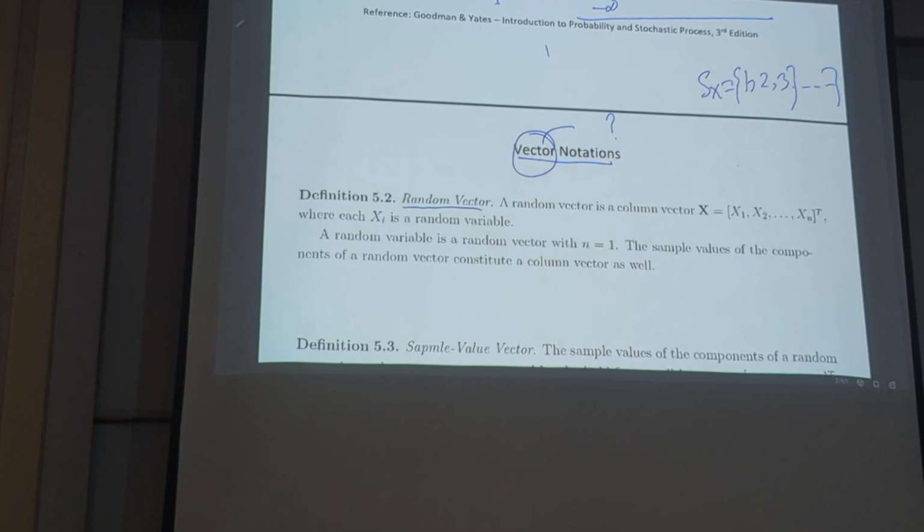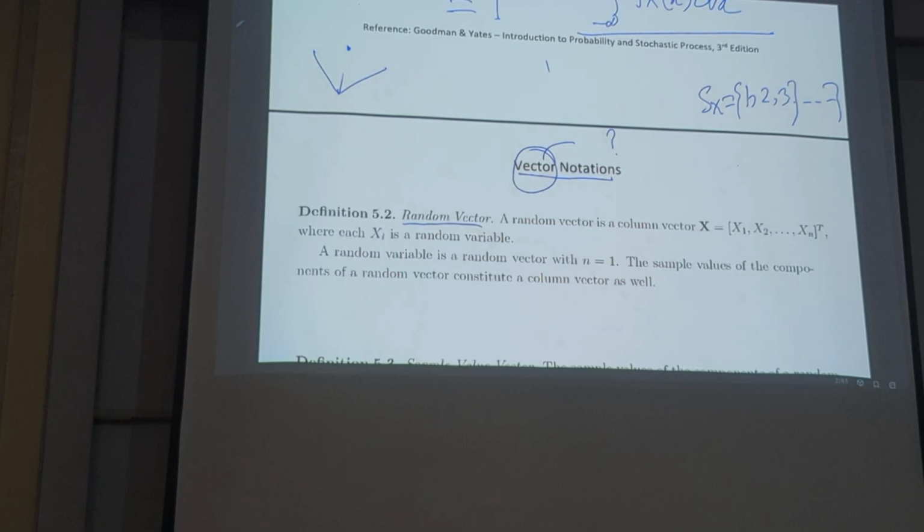A point in n dimensions. So this point is a vector. Is this point the vector, or is this line the vector? The line. This directed line is the vector.